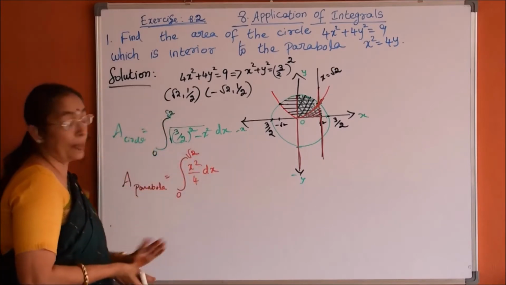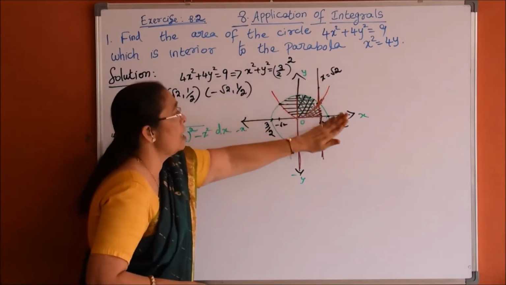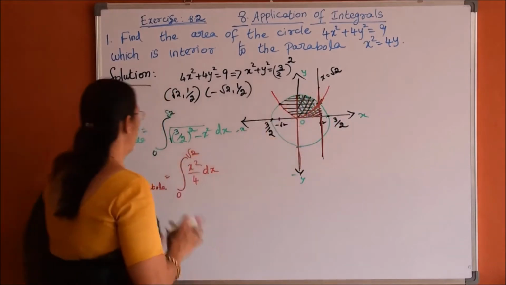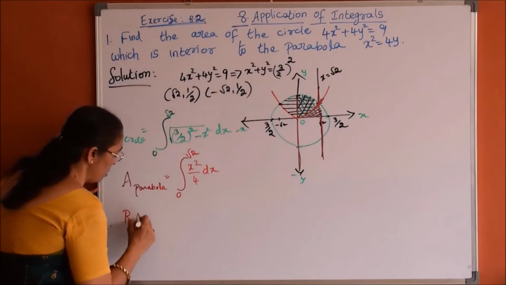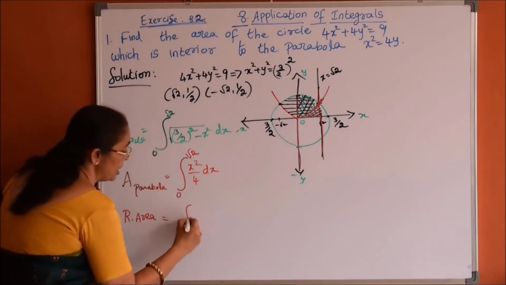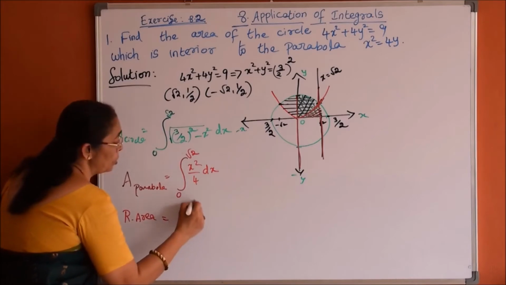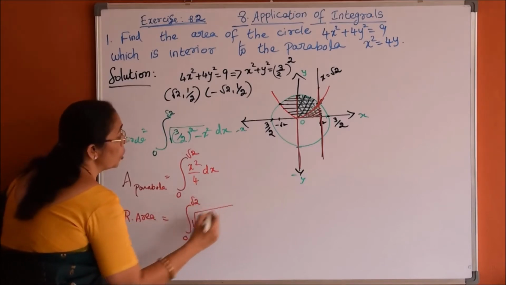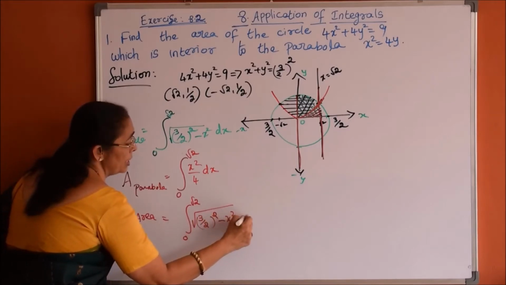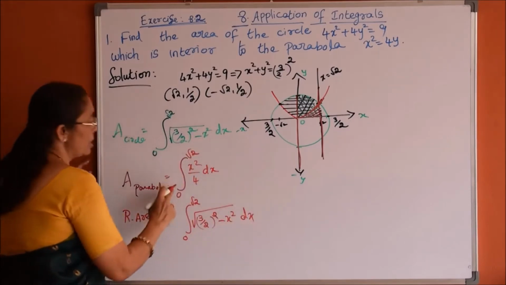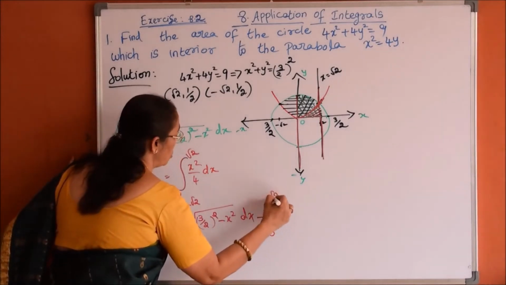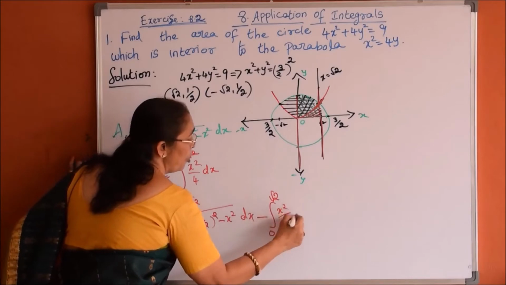So, when we subtract the circle area minus this parabola area, we will get the required area. The required area is equal to this minus this. The first one is the integration from 0 to root 2 of root over (3 by 2) whole square minus x square dx, first part, minus the integration from 0 to root 2 of x square by 4 dx.